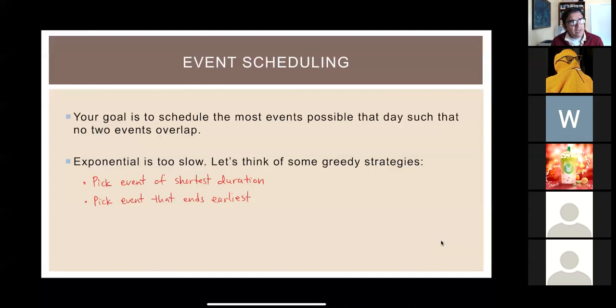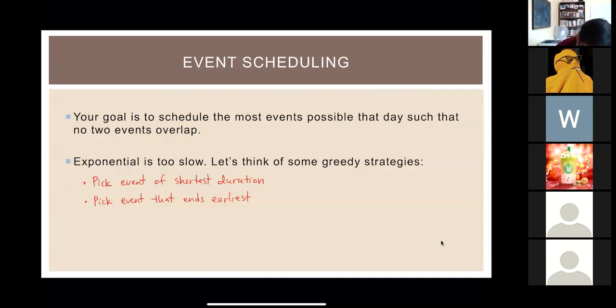So if we wanted to say back to back, we could say pick the next event to be something that starts as soon as possible after one of the existing events. That's one way we could say it.